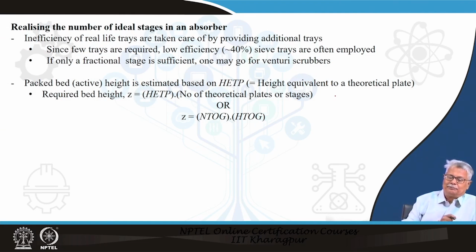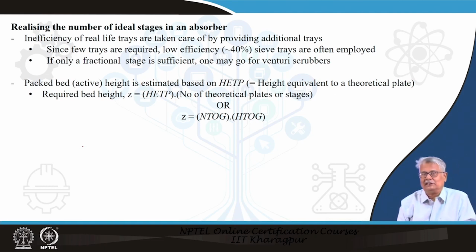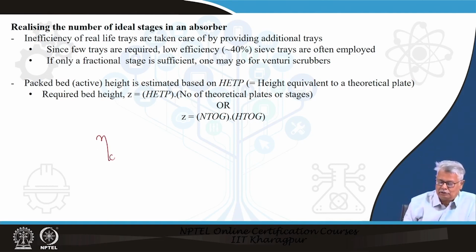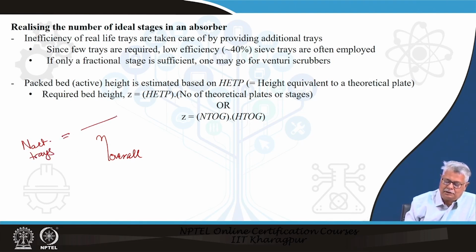Now comes the main problem, realizing the number of ideal stages in an absorber. We have found the ideal number of stages, but the trays won't be 100% efficient. So naturally, if you are going to provide a tray tower and I know its overall efficiency, the number of actual trays is equal to the number of ideal stages divided by this.